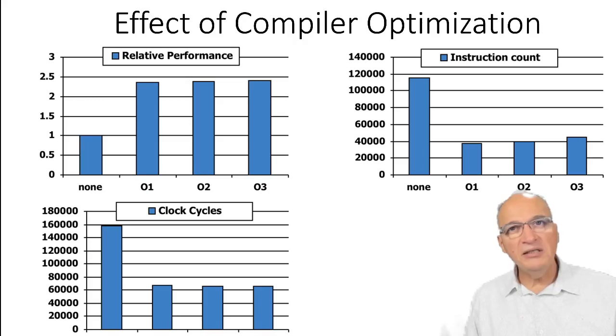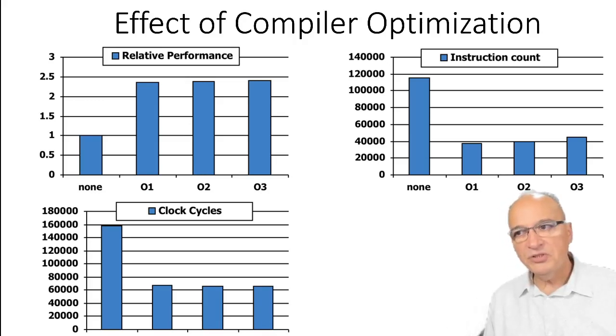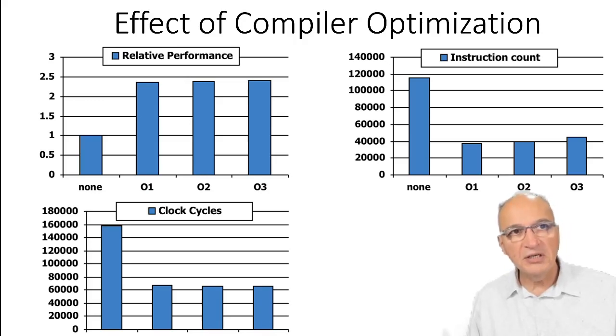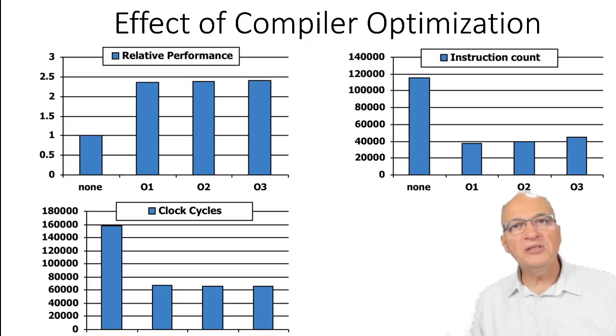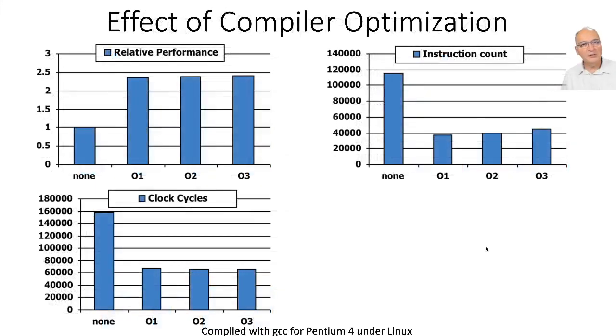But then as I increase the optimization level, which makes the program more efficient, I am increasing the instruction count slightly. That may come as a surprise to some of you, that I'll be executing more instructions when I'm trying to make my program faster. And there is a very good reason for that. Let me move myself to the upper corner here.